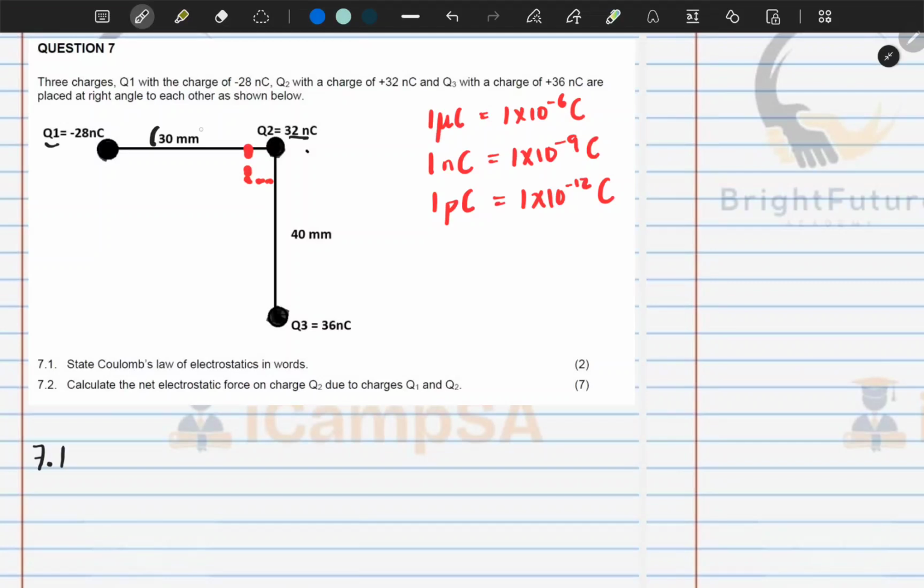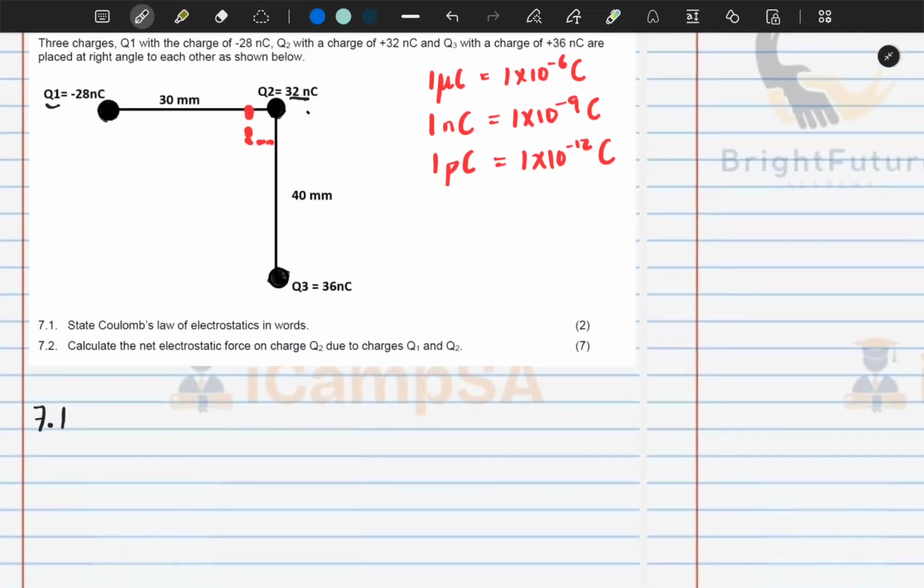If I take the distance between Q1 and Q2 and square it, my electrostatic force is inversely proportional to that. This means if I increase the distance, the electrostatic force magnitude will decrease, and if I decrease the distance, the magnitude of the electrostatic force between Q1 and Q2 will increase. That's what inversely proportional means.